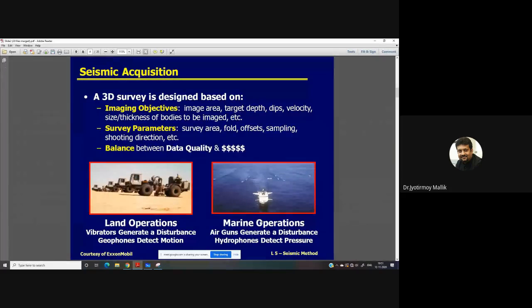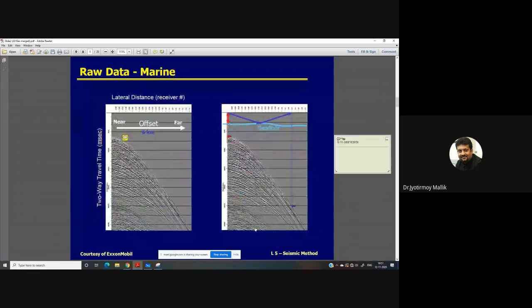And that essentially speaks for these individual wiggle sets. So here is my source, and these are all my individual detector locations for a particular 2D line. And that is exactly what you are seeing here.